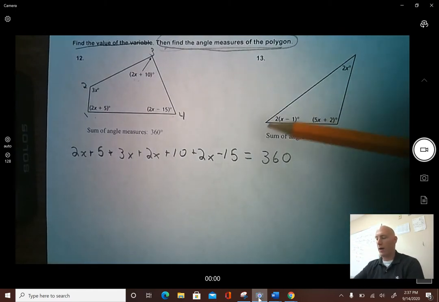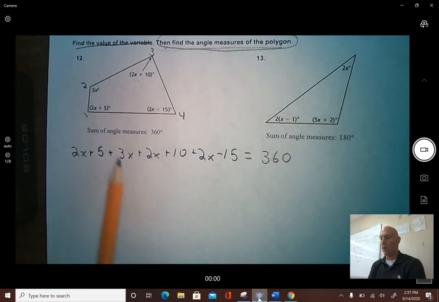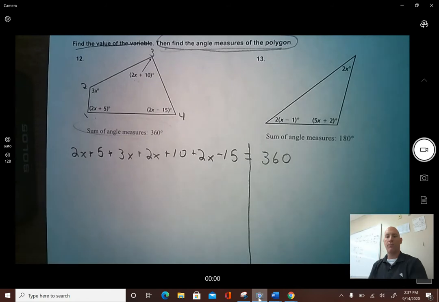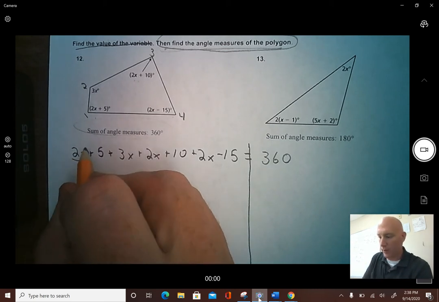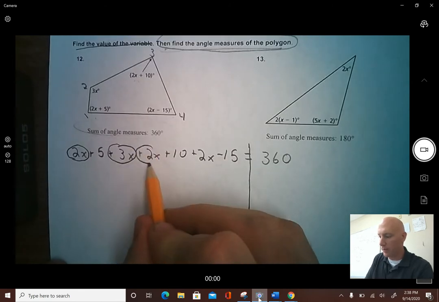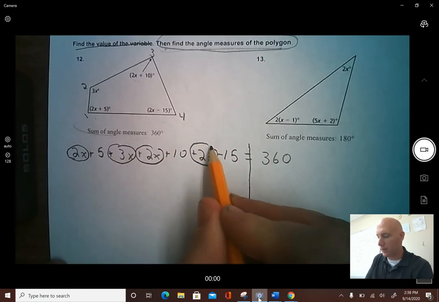Okay, so now we're set up to solve for x. All we did was use this concept and set up an equation. We're going to go through our rules. Is there any distribution? Nope, there's no parentheses. Are there any like terms? Yep, a bunch. There's some x's, there's some x's, there's some x's, and there's some x's.